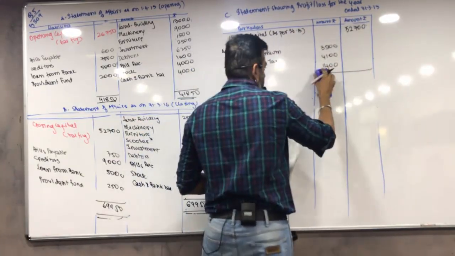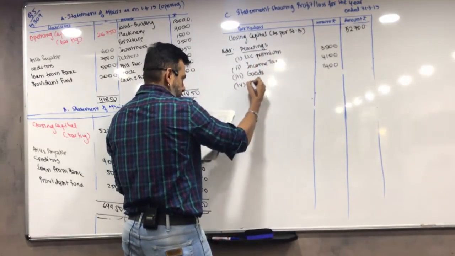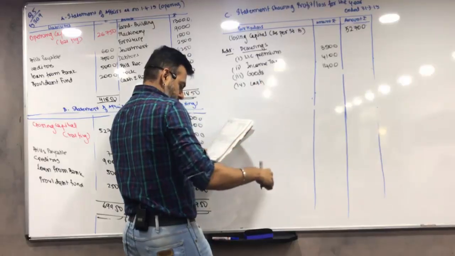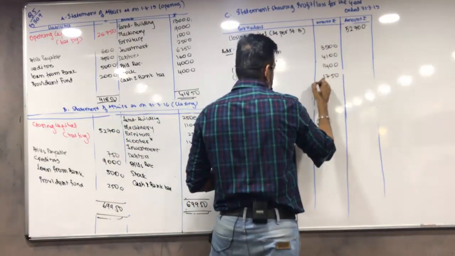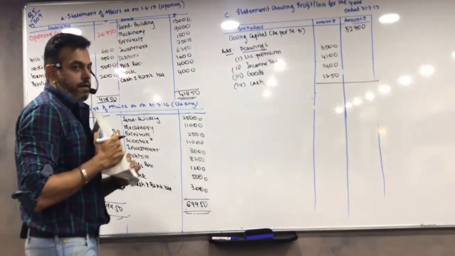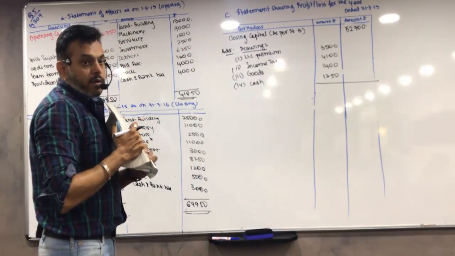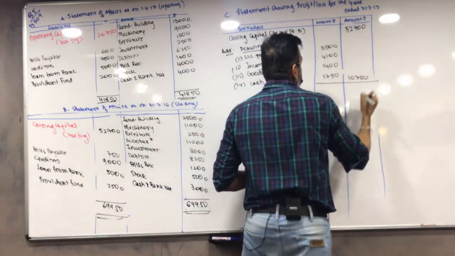Yes. And then we have cash, 1,750. Total 10,750.